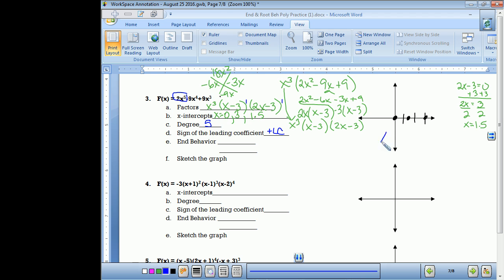So that means it's going to fall to the left and rise to the right. Like why? I thought that was an even number. So you do rise, rise. 5? Oh, never mind. Okay. I was looking at 2. Still confused.